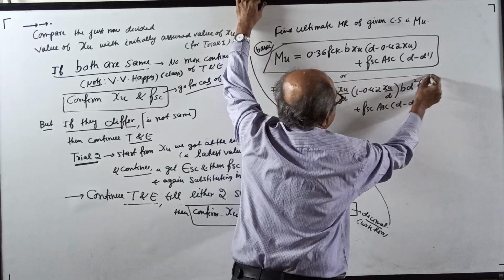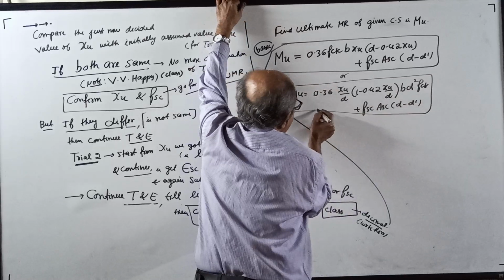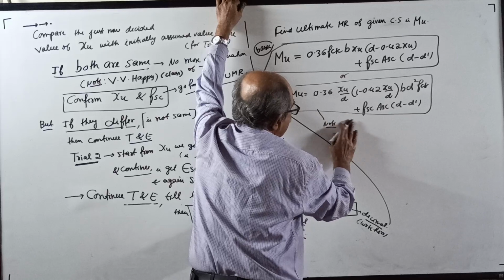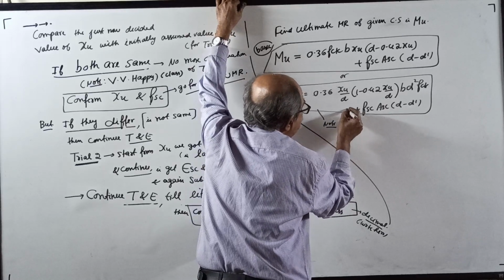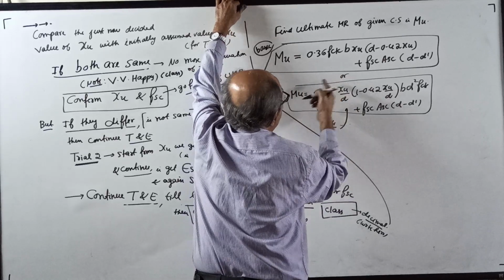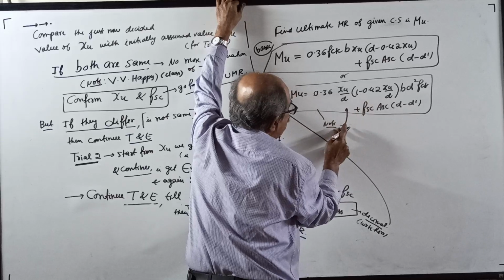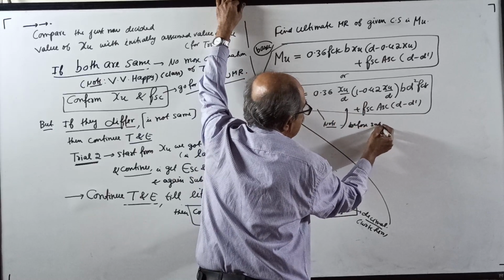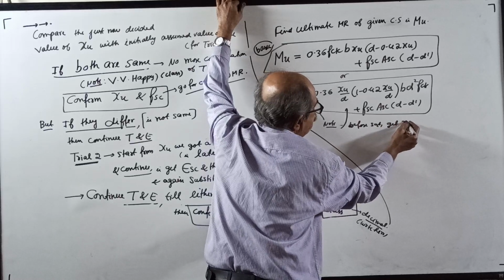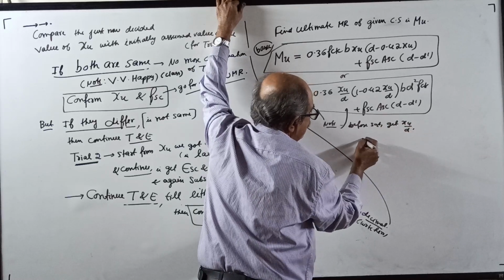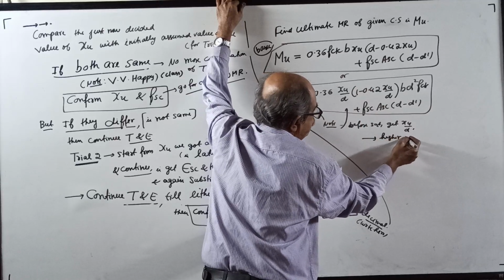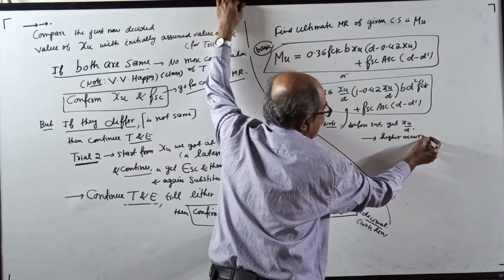Use this one. But note here, if you use this equation, before substituting, get XU by D. But remember, to get the same answer, higher accuracy, 4 decimals, is required.